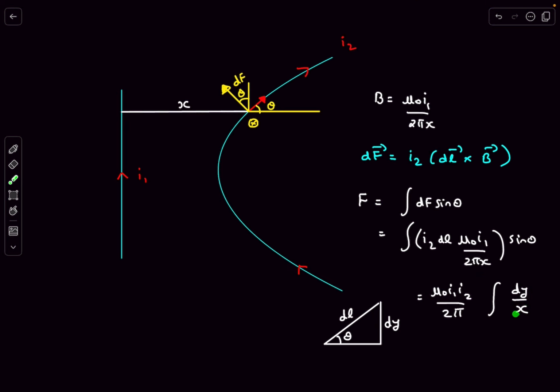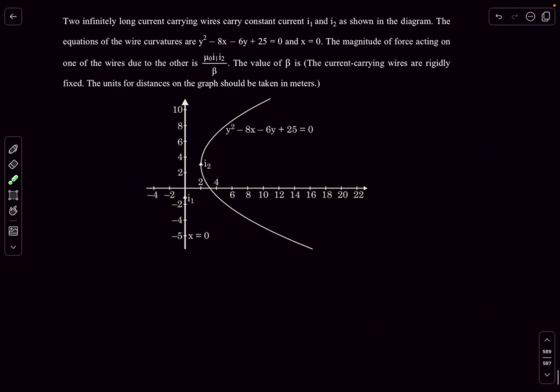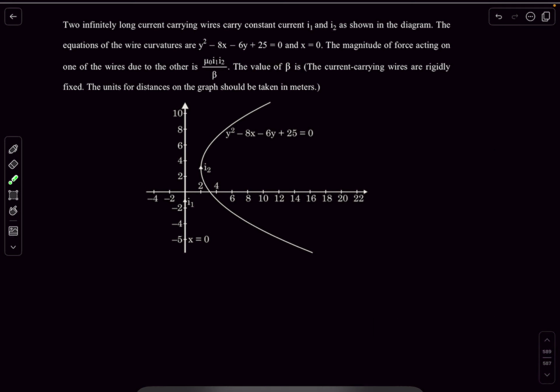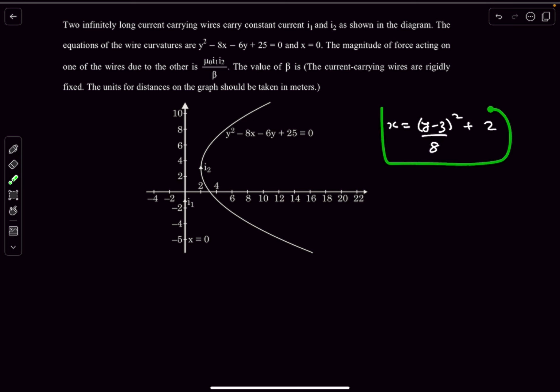Now we'll substitute x in terms of y, because we know how x varies with y for the parabola; the equation of the trajectory is given in the problem. From here, x turns out to be y minus 3 the whole squared, plus 9, plus 2, divided by 8. So this is the variation of x with y, and now we'll substitute it into our equation.